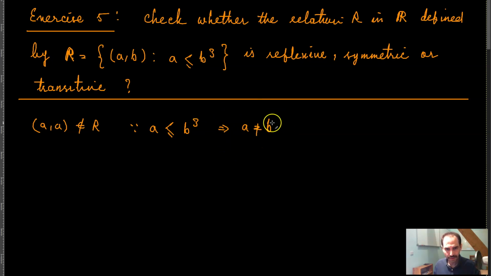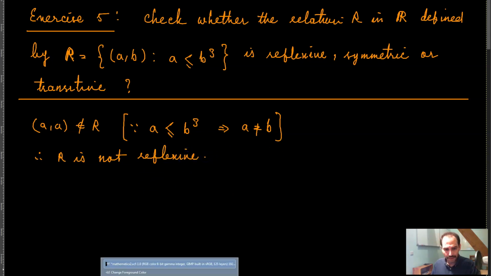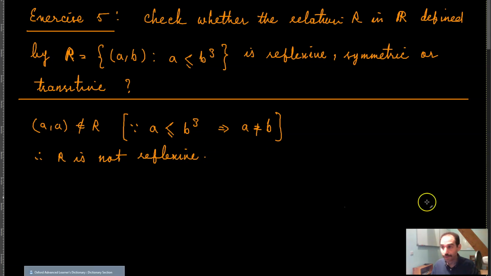If a cannot be equal to b, then (a, a) cannot belong to R, which means that R is not reflexive.